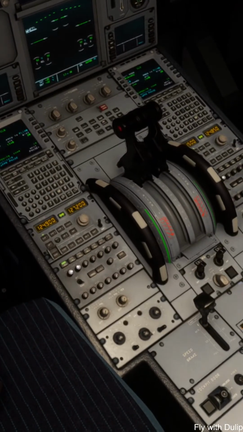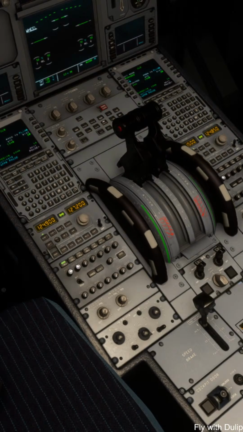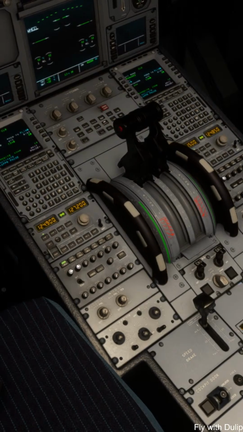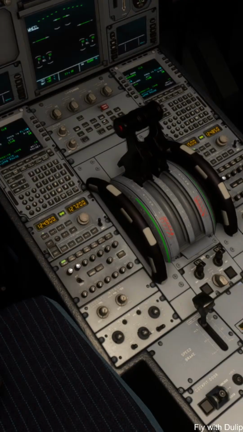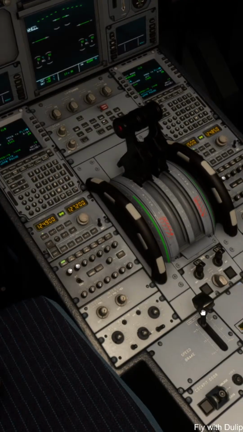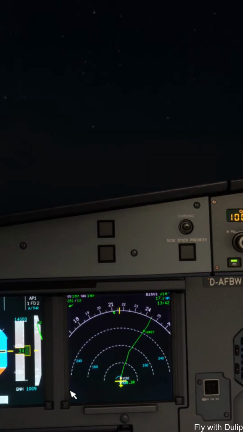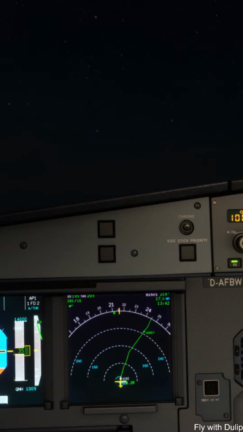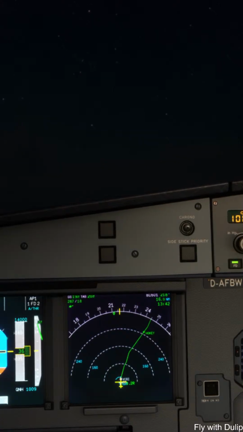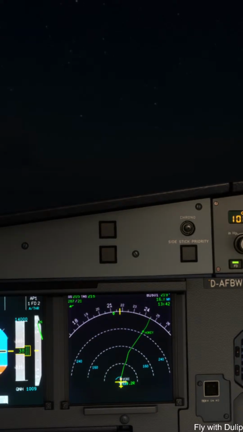Okay, all done. Check. Colombo Center, SriLankan 103, passing 2000 feet. SriLankan 103 identified, continue climb flight level 140, unrestricted, proceed direct Lanka. Continue climb flight level, say again, SriLankan 103.